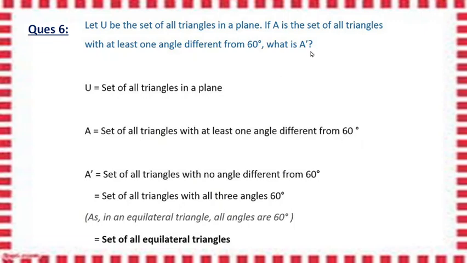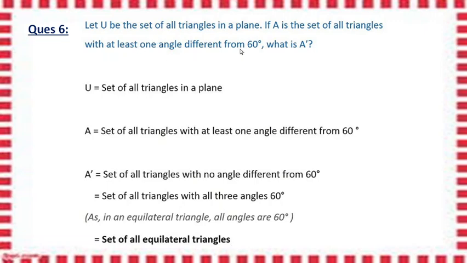Then what is A complement? Definitely A complement will be the set of all the triangles with no angle different from 60 degrees. That is the set of all triangles with all three angles 60 degrees. What is the name of the triangle where we have all three angles 60 degrees? Yes, that is an equilateral triangle. So basically it is equal to the set of all equilateral triangles.